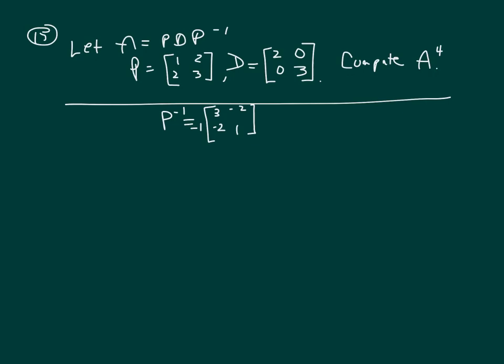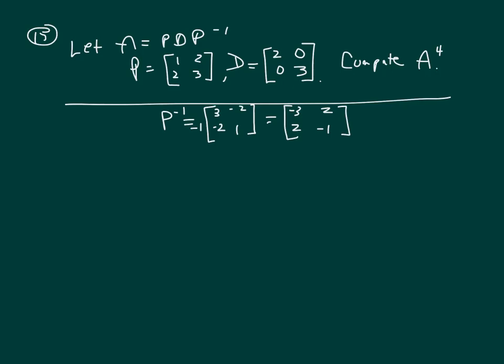And then since the determinant is negative 1, we multiply by 1 over negative 1, and we get negative 3, positive 2, and negative 1 for our P inverse. And a quick check of that should work nicely.